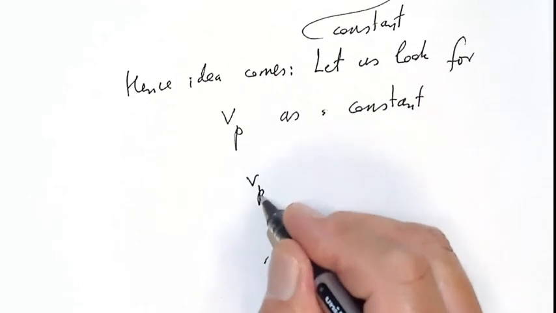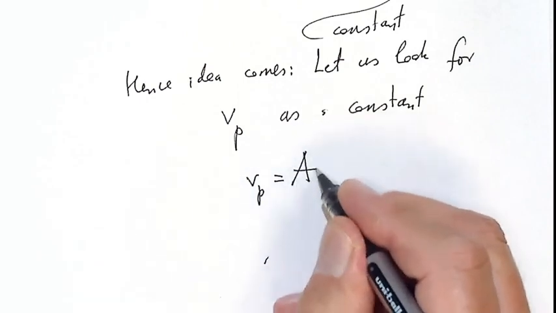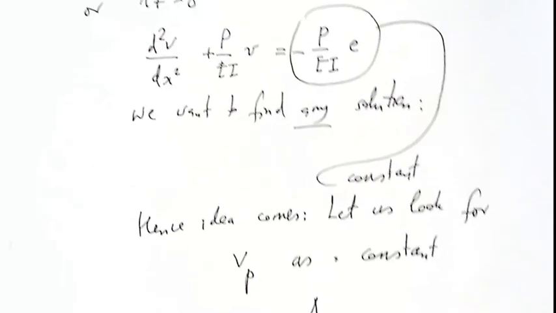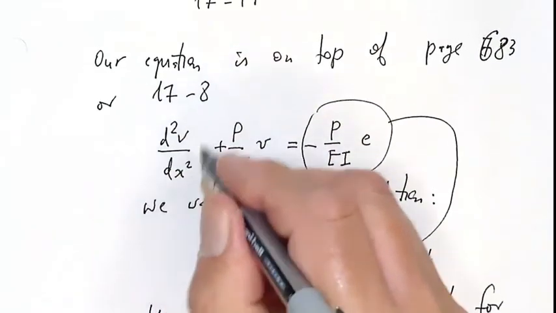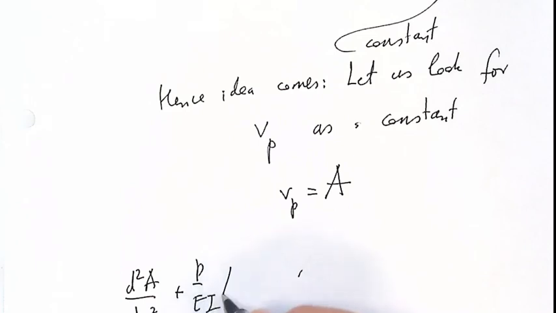So, v particular will be not c, not d, let us say some a. Then I'm substituting this into here. Second derivative of a, d2a dx squared, plus p over EI a equals minus p over EI e.